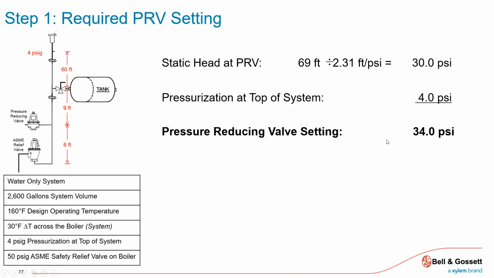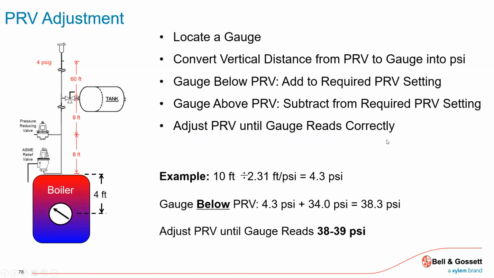Okay, static. What's my height divided by 30, add my positive. Okay, I've got a pressure reducing fill valve set for 34 PSI. And again, I had mentioned to you earlier, this tank and this relief valve, they're all, generally speaking, pretty close elevation-wise. They're all sitting right near each other.